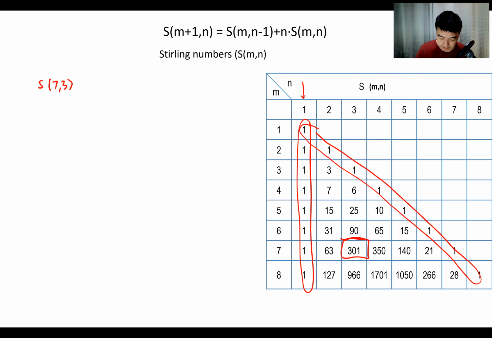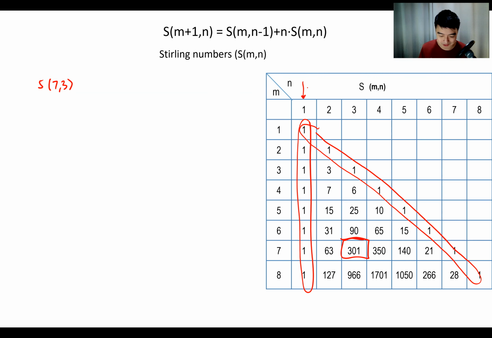If we take a look at this column, it's indicating all of the cases where n is equal to 1. So if I only have one box, how many ways are there to put m different objects into that one box? The answer is only one. You put all the objects into that one box. Similarly, if the number of objects is equal to the number of boxes, how many ways are there to put the objects into the boxes such that none is empty?